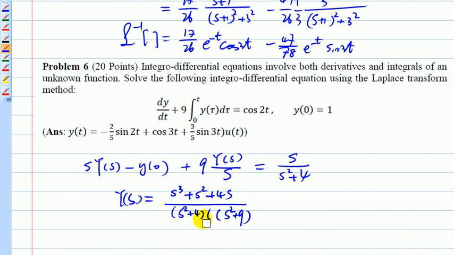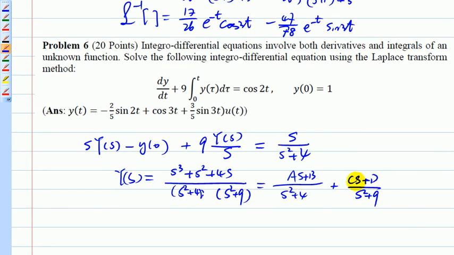I have two terms in the denominator, and both contain complex conjugate roots, so I can do partial fractions like this. Then by comparing coefficients, solve for a, b, c, d. You get a is 0, b is negative 4 over 5, c is 1, and d is 9 over 5.